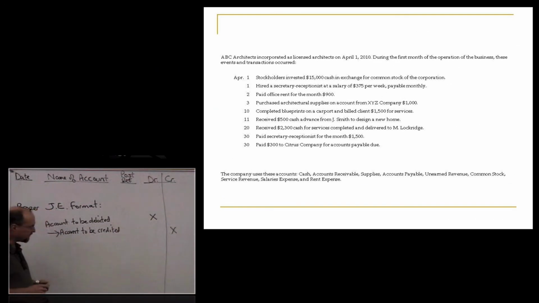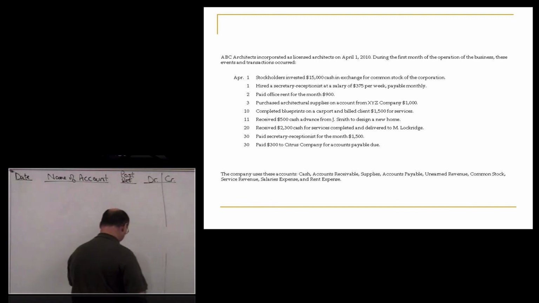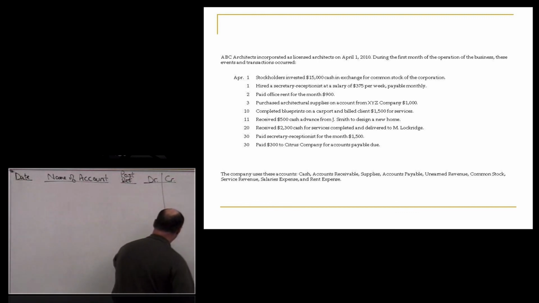Okay, so now we're going to look at the transactions on the board, one by one, and we're going to record these journal entries. So hopefully you wrote that down or took note. This is the proper journal entry format. We're going to start actually recording journal entries. First journal entry.